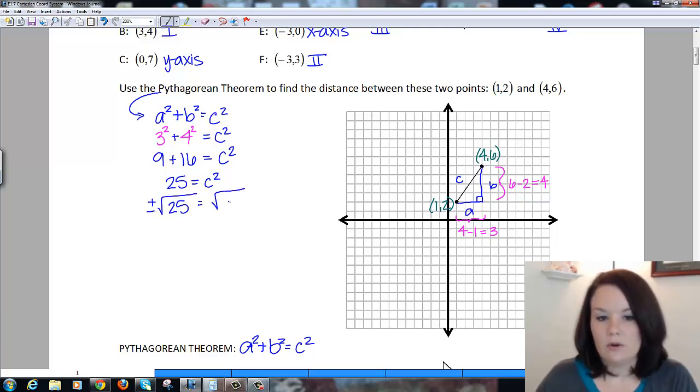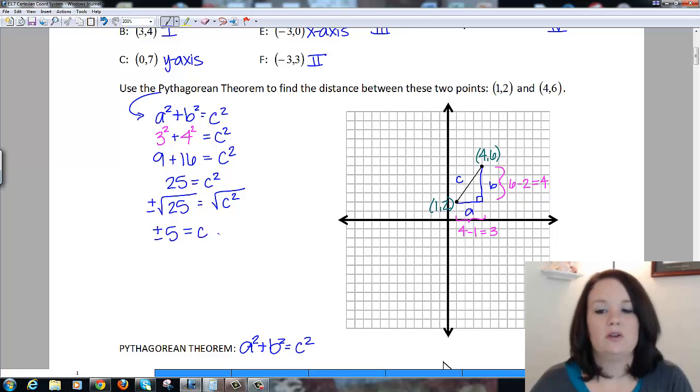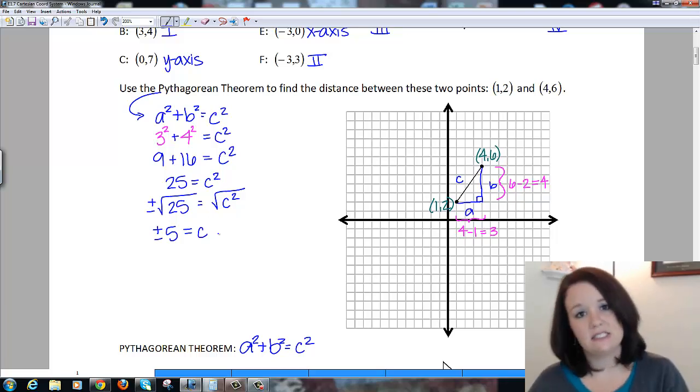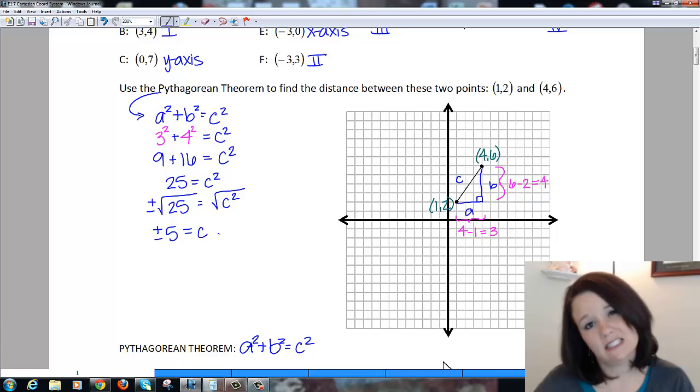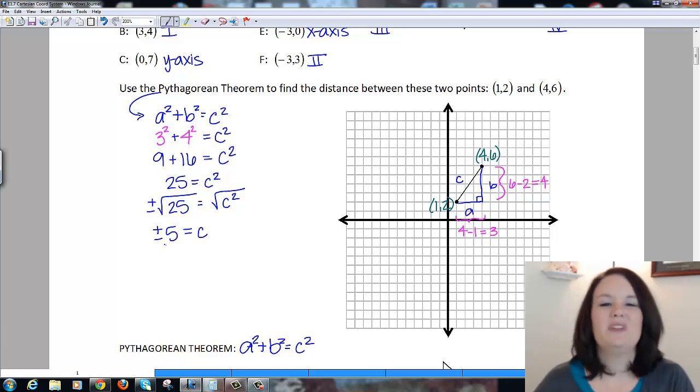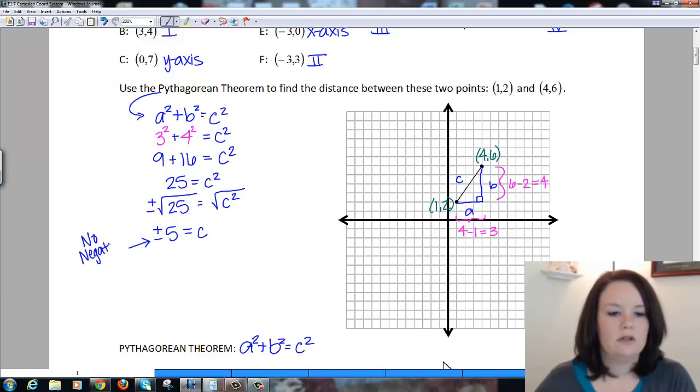Normally we always do plus or minus when we take the square root. Here it's not as important because c is a distance, the distance between those 2 points, and since distance is never negative, I really don't need that negative answer. So I'm just going to put over here, no negative distances.